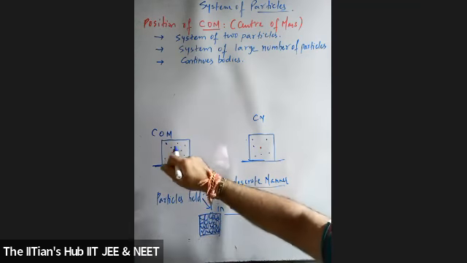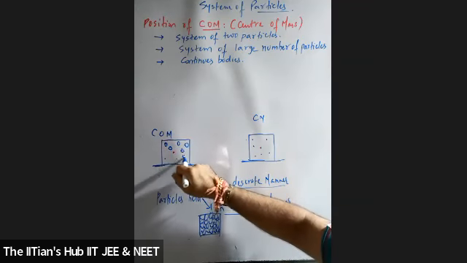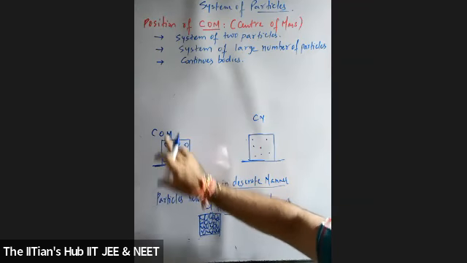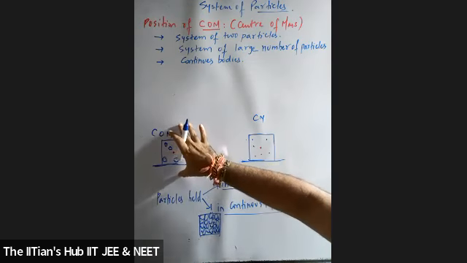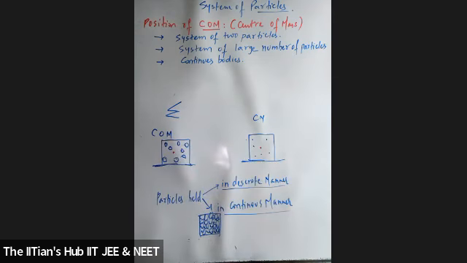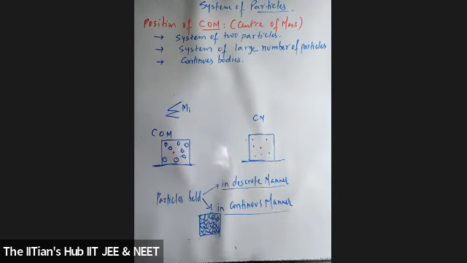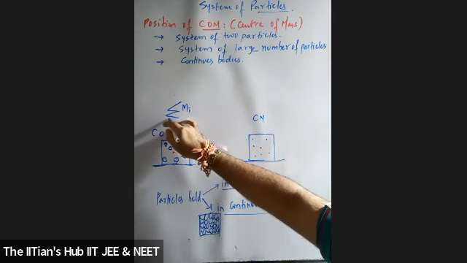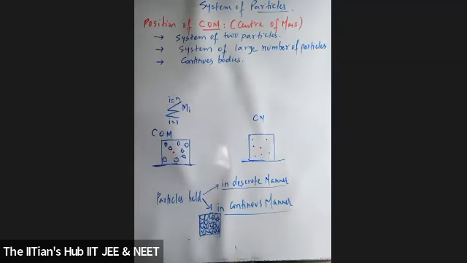Here, if I take this particle, this particle, this particle, all these particles are in discrete manner. Let us say this particular block is made up of discrete manner. So tell me students, what is the total mass of this body? The answer is the algebraic sum of mass of each particle, where i stands for the first particle to i stands for the nth particle.